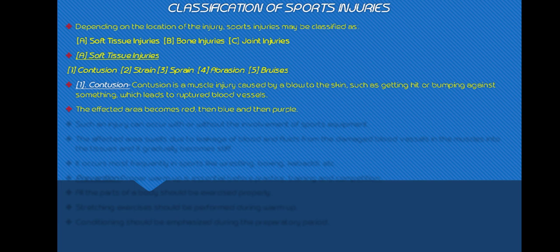Contusion is a muscle injury caused by a blow to the skin, such as getting hit or bumping against something, which leads to ruptured blood vessels. The affected area becomes red, then blue, and then purple. Such an injury can occur with or without involvement in sports.